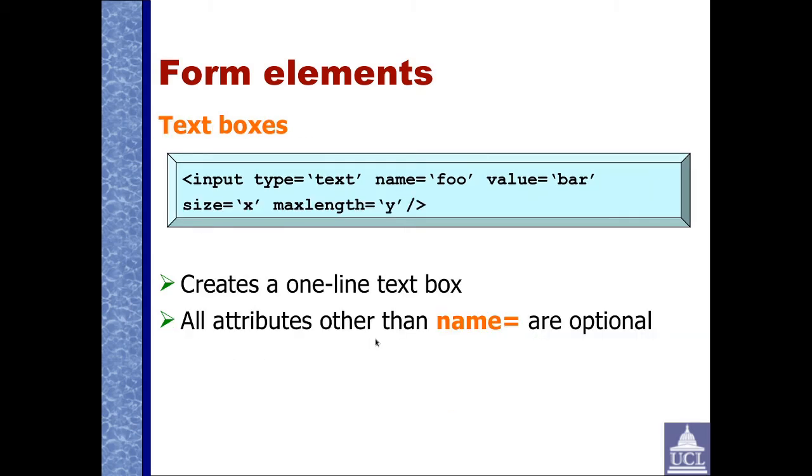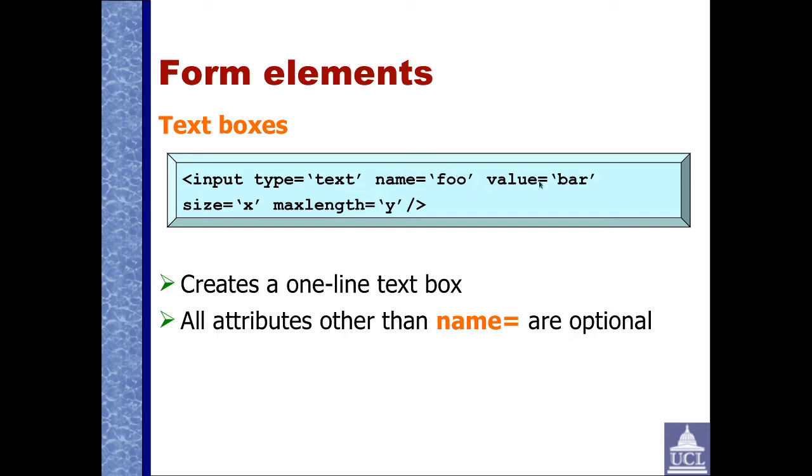We've already seen the text area for large amounts of text, but for small amounts of text like an identifier for a particular sequence or a person's name or something like that, we can use again an input. This time it's of type text. We give it a name as we did before.